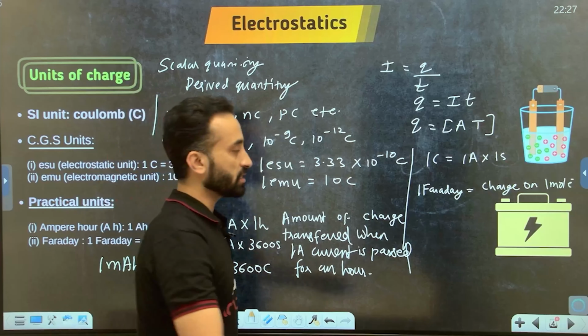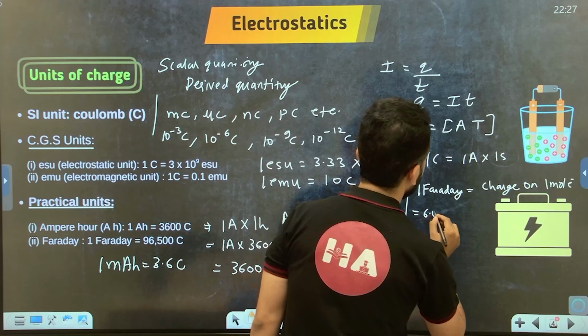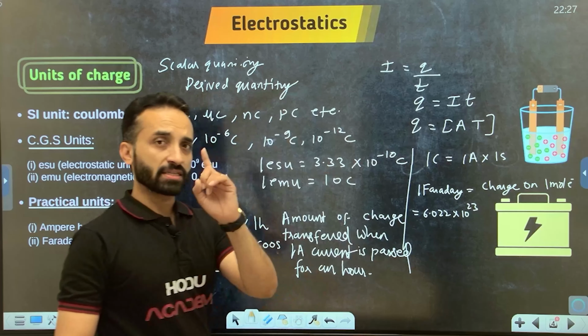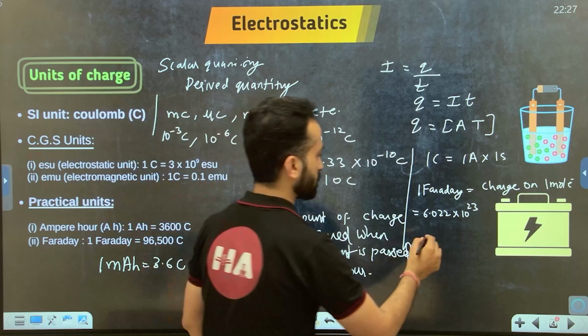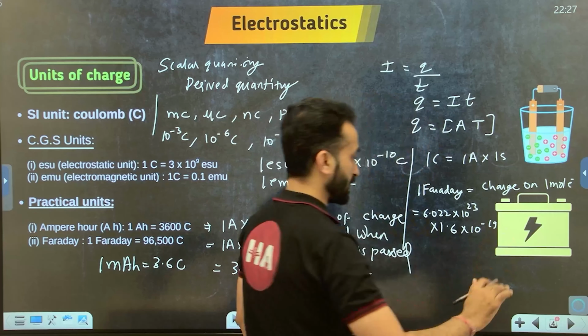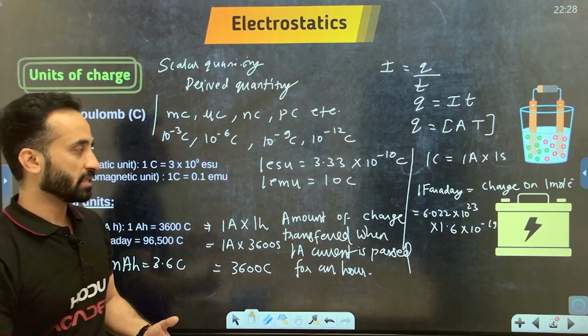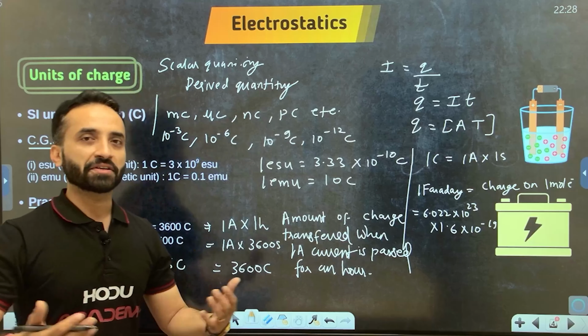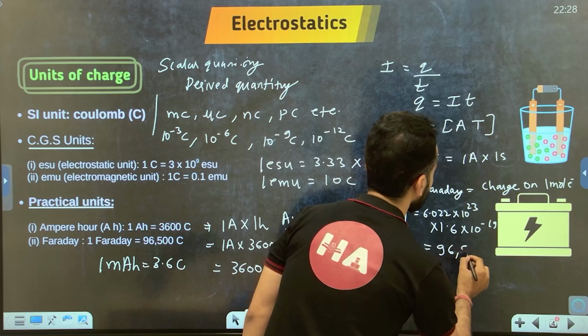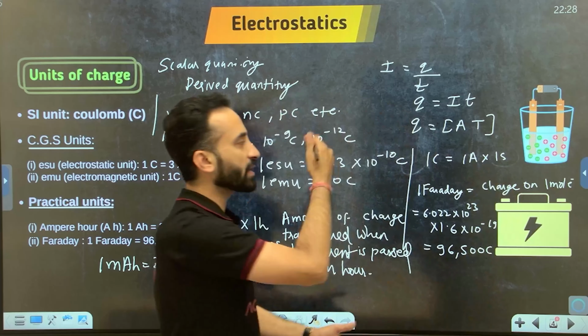Now you understand that 1 mole is like 6.022 into 10 raised to the power 23. That is like the number of electrons that you will transfer, multiplied by 1 electron's charge, which I am writing, I hope you know it, and we will discuss in the next slide, is 1.6 into 10 raised to the power minus 19. So when you do that, you will get 96,500 coulomb, the biggest unit of charge that you are seeing around.